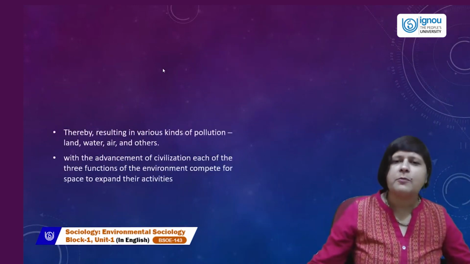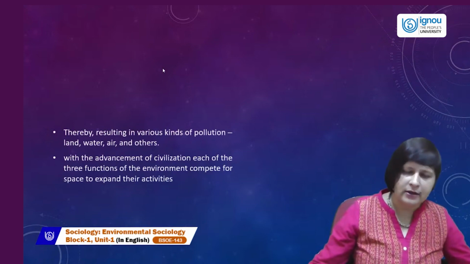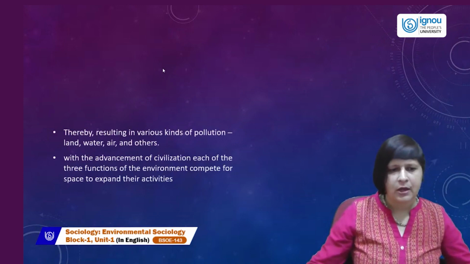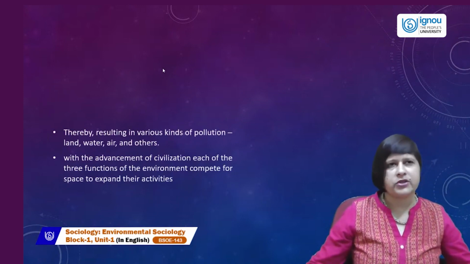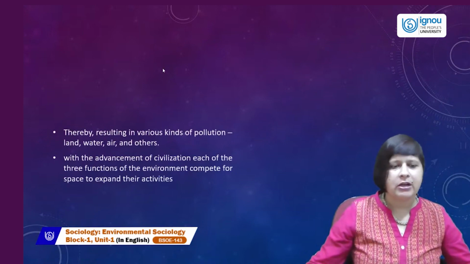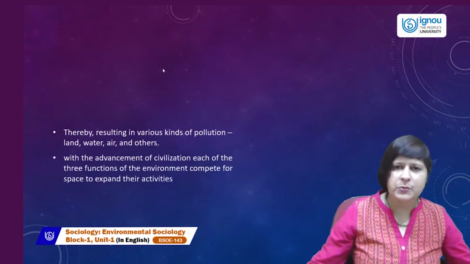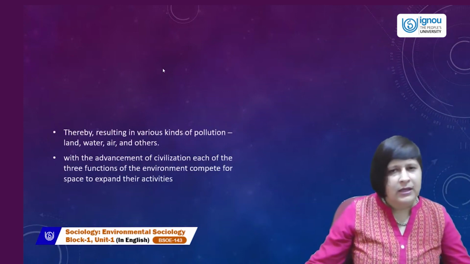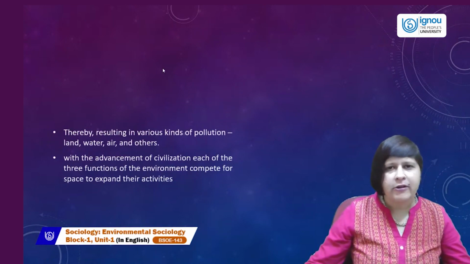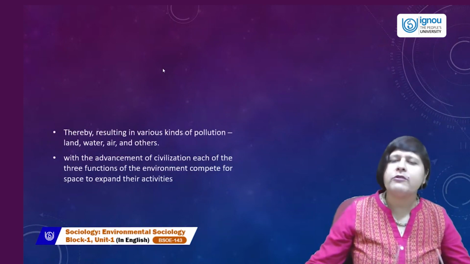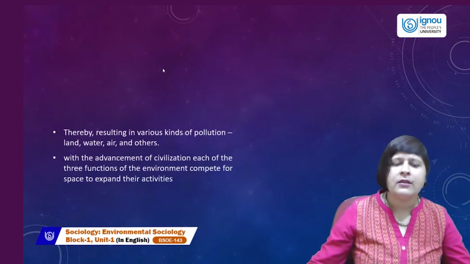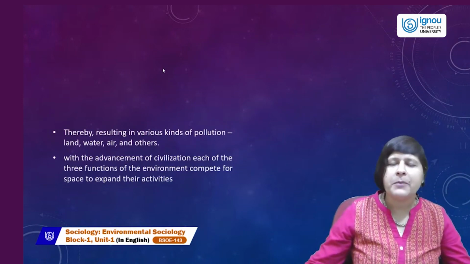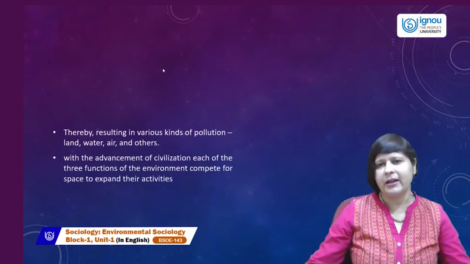This results in pollution like air pollution, water pollution, land pollution, and other types of problems. With the advancement of civilization, each of the three functions of the environment competes for space to expand its activities. These are the three functions of the environment according to Dunlap and Catton.